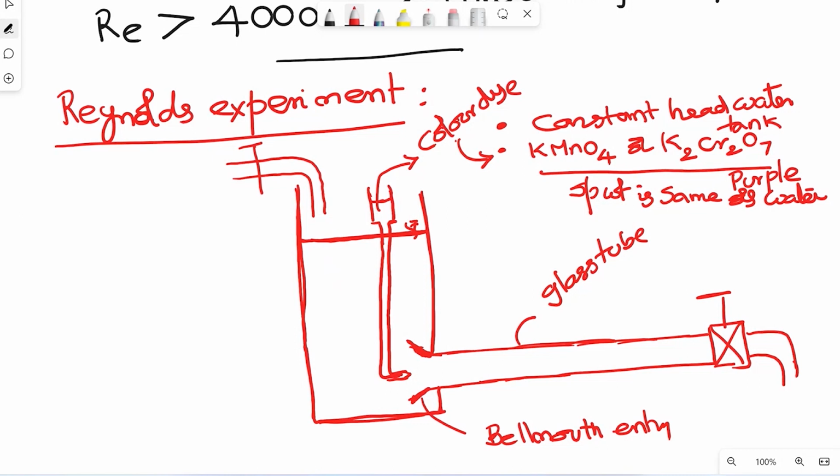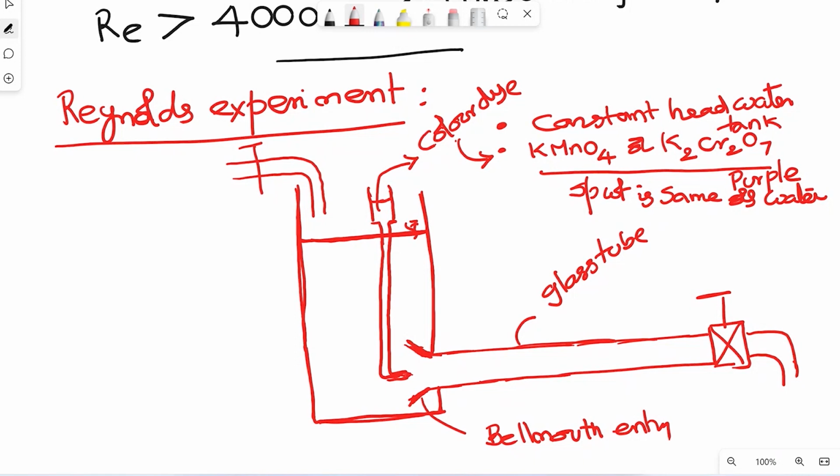Then this nozzle is injecting the dye into a glass tube, whose entry is a bell mouth entry, so that the jet of potassium permanganate enters into the glass tube.